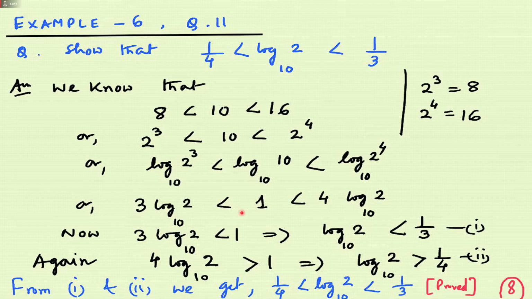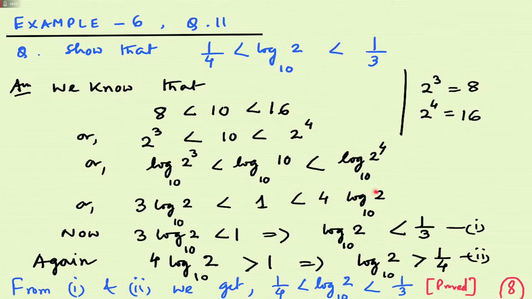Now from this inequality you will have 3 log 2 less than 1, implying log 2 base 10 is less than 1 by 3. Actually 3 is a positive value, so you can divide both sides by 3 and the inequality will be unchanged. So I am getting here log 2 base 10 is less than 1 by 3. Similarly this 1 is less than 4 log 2 base 10.